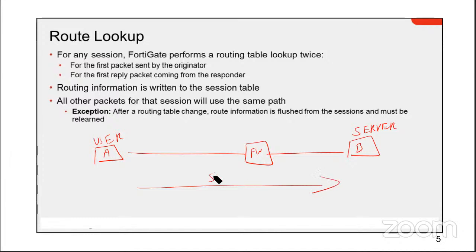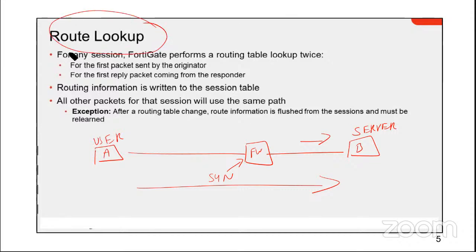The SYN packet will be initiated from the originator or the client machine, and it will go through the firewall to the actual server. The FortiGate firewall, before sending this SYN packet to the server, is going to do something called a route lookup.